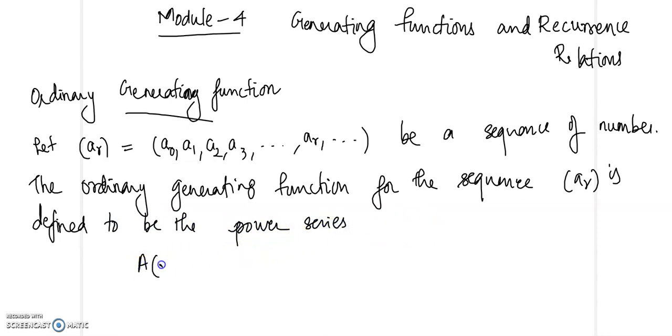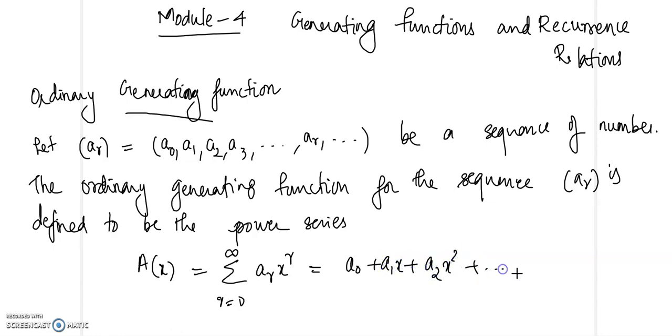We denote it by A(x). So A(x) is equal to summation r equal to 0 to infinity a_r x^r. So that is equal to a0 plus a1x plus a2x square plus etc. So this is the meaning of an ordinary generating function.